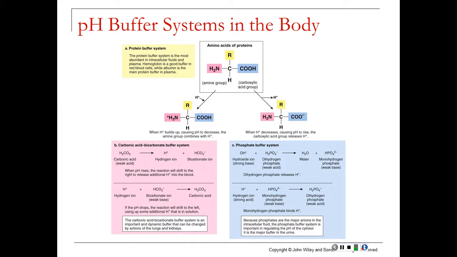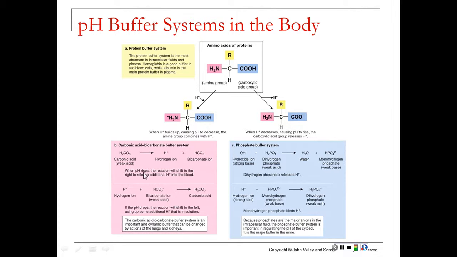You may recall that the majority of carbon dioxide that's released from our cells after cellular respiration goes into the blood and is converted by carbonic anhydrase into carbonic acid. Carbonic acid dissociates into a hydrogen ion and a bicarbonate ion. When pH drops, in other words, when there are too many hydrogen ions, the opposite reaction will occur.